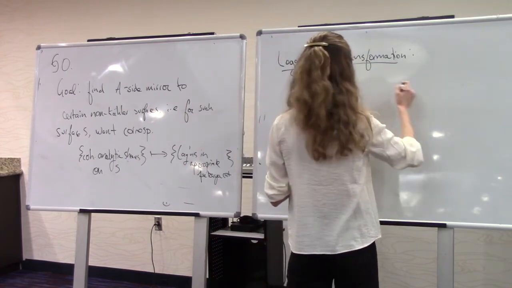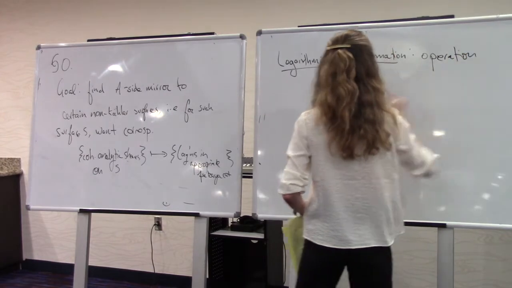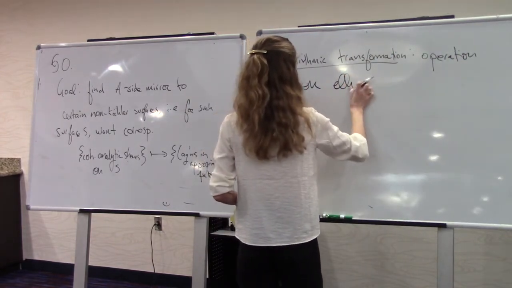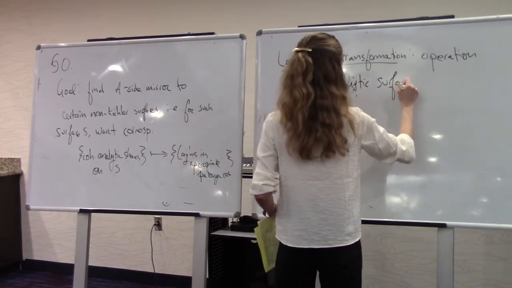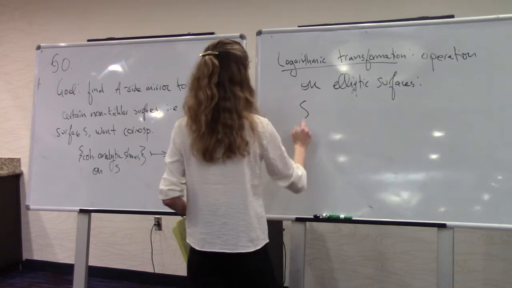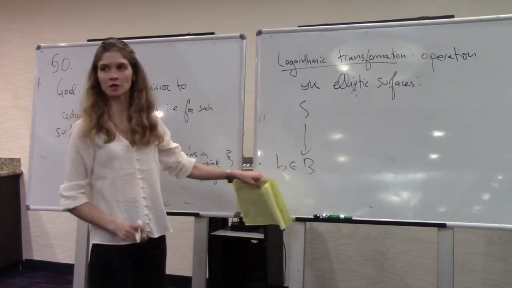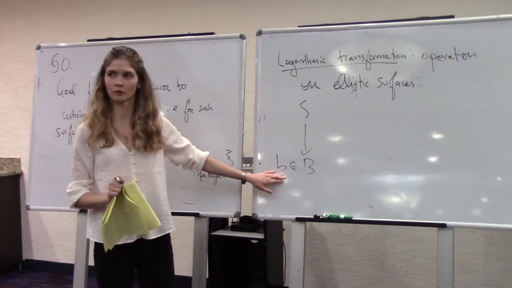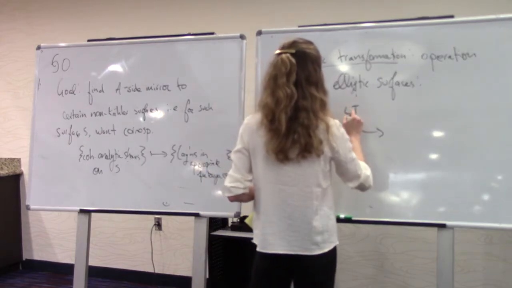So this is some operation on elliptic surfaces. If you have some surface S over B and a point b in B, so that you should have a smooth fiber over b, you can do some log transform.